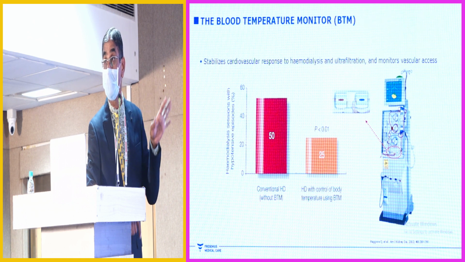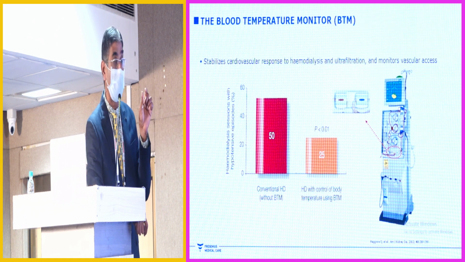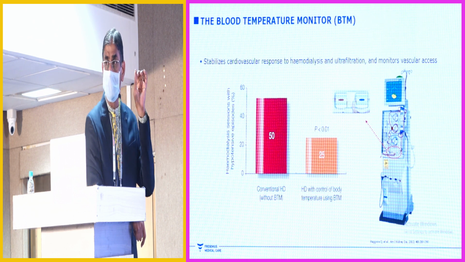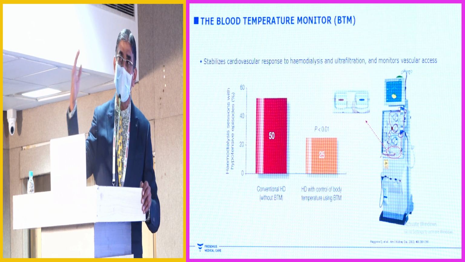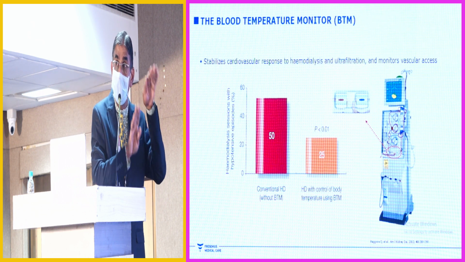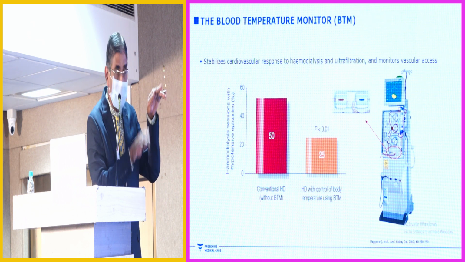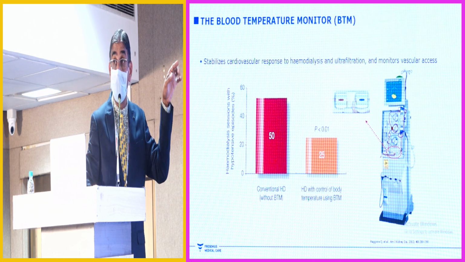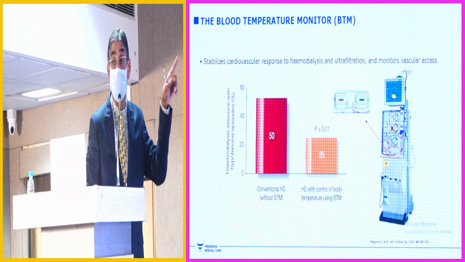When the core temperature goes up, it directly hits the vessels, vasodilatation happens, and the blood pressure comes down. But with this system, you keep 35.5 to 36, and the body temperature is automatically adjusted. The healthcare provider cannot meddle with the temperature, because it is automatic.